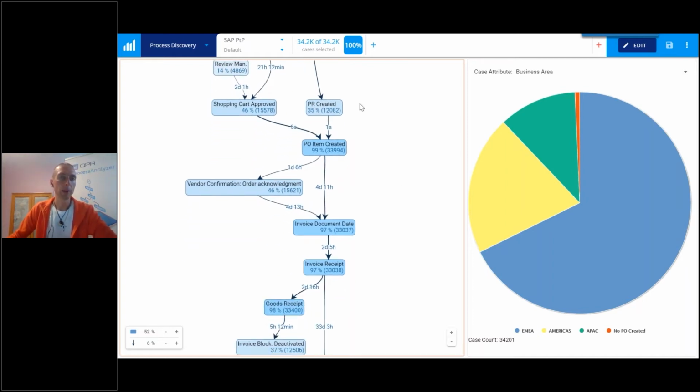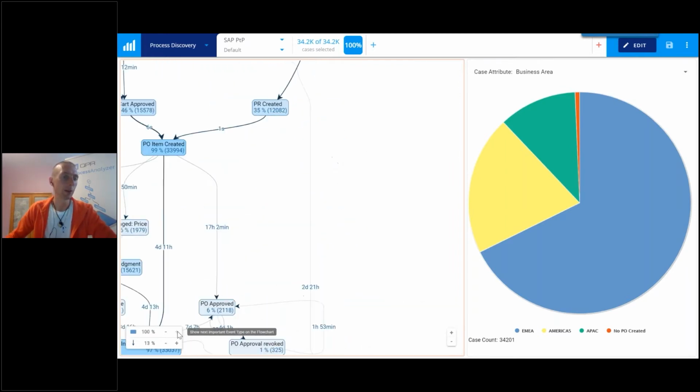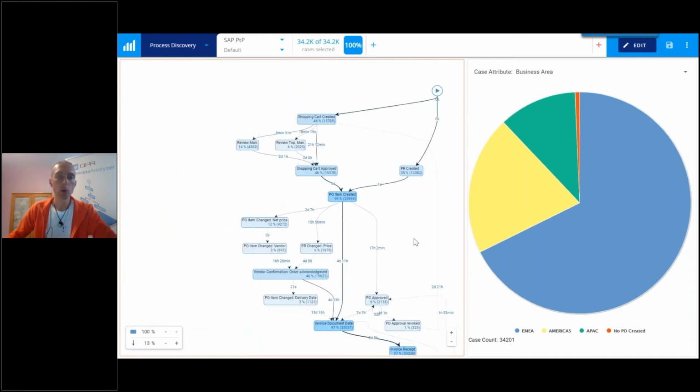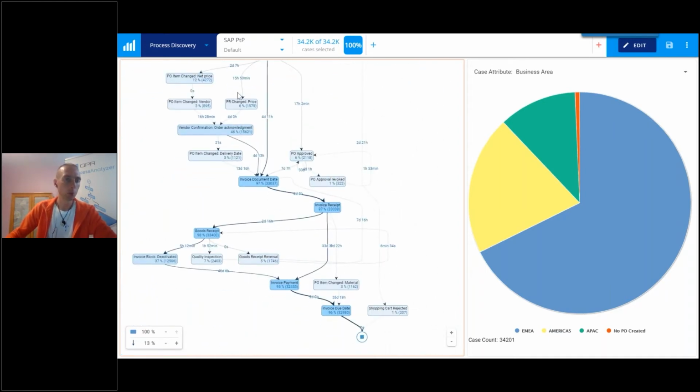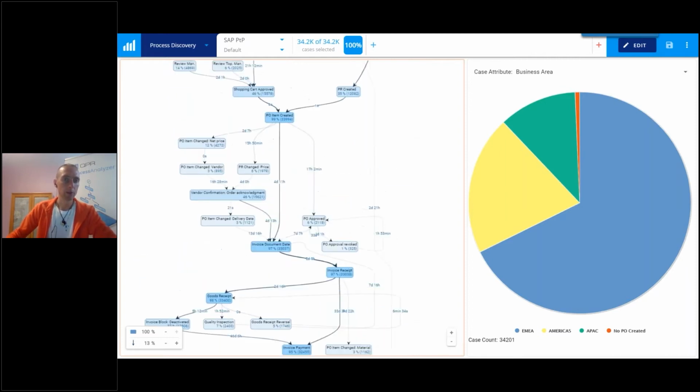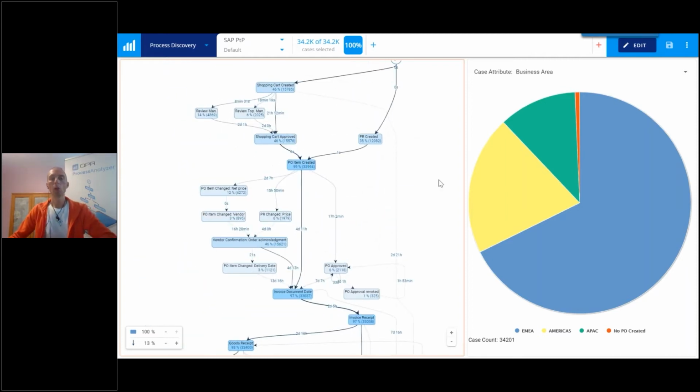So this is sort of what humans typically think the process will look like. And then when you go to the 100% level, you will see that actually there are much more activities taking place in this process. So you get all this functionality and visibility to the actual processes.